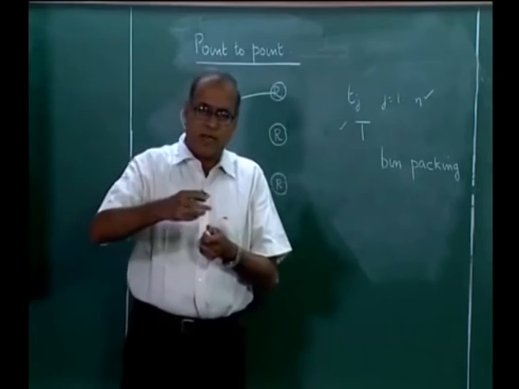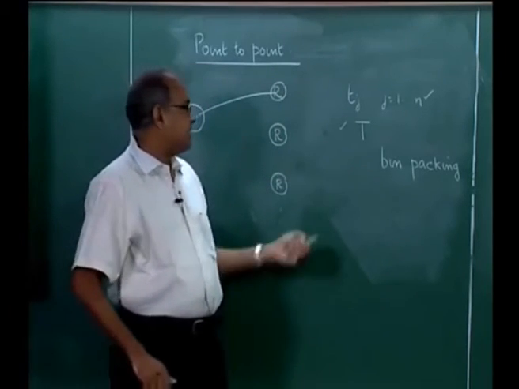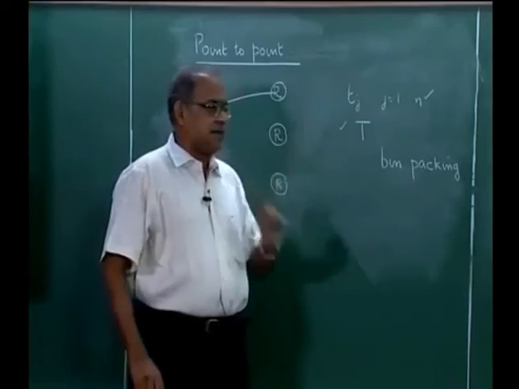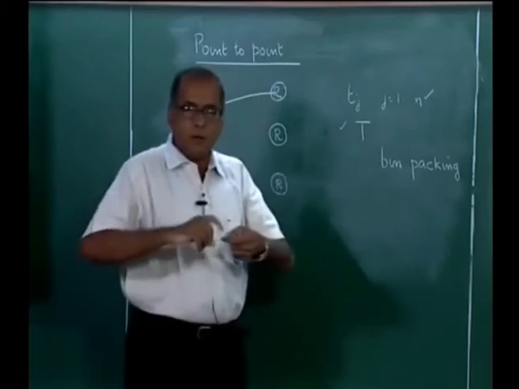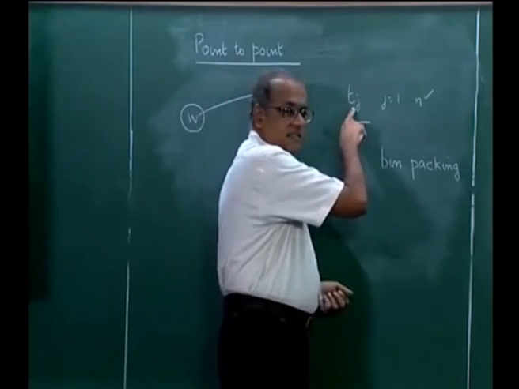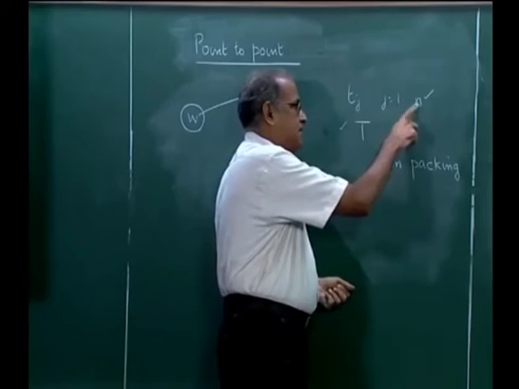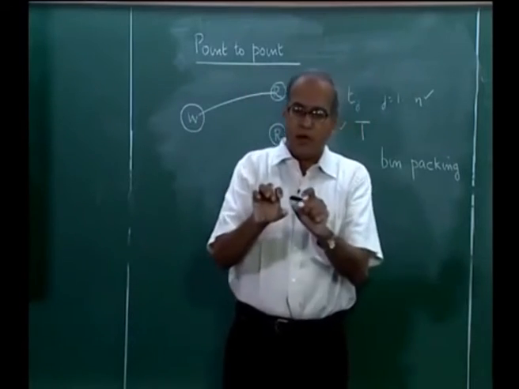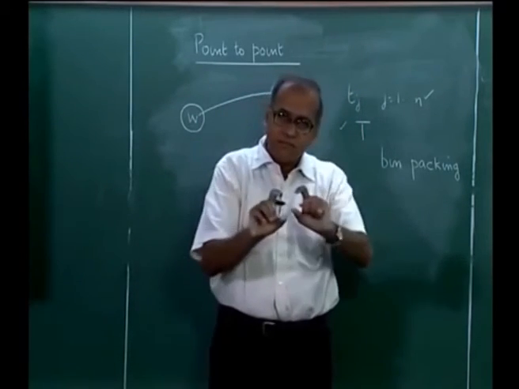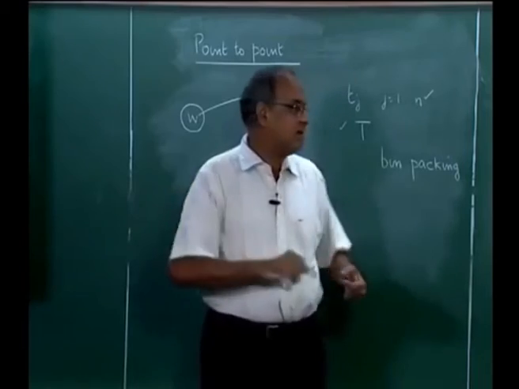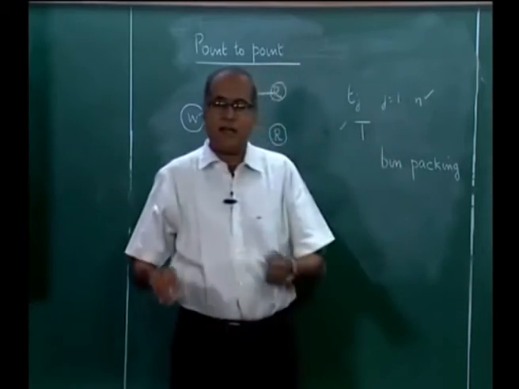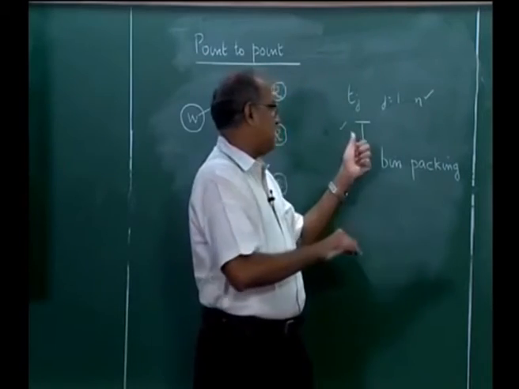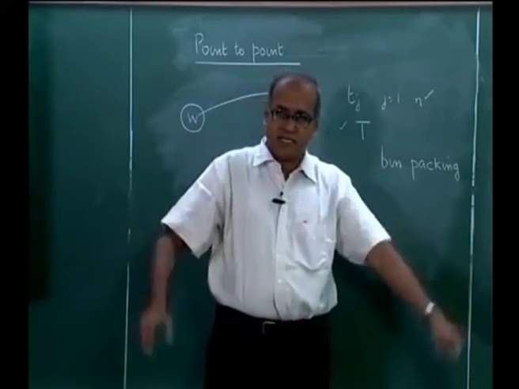The problem can also be explained in different ways. I have several sticks of length capital T. Now, I need to make n smaller sticks, with the jth stick having length tj. How do I break these longer sticks to get these lengths, using the smallest number of such long sticks of length T?